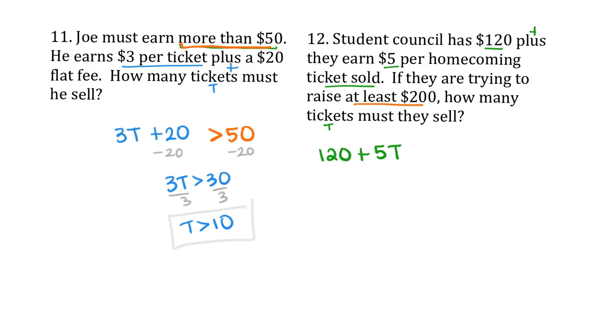If they're trying to raise at least 200, they want to raise 200 or more. So they could equal 200, but they want more. At least is 200 or more, so greater than or equal to. Okay, let's solve. Okay, so T is greater or equal to 16. So how many tickets must they sell? Must sell at least 16 tickets.